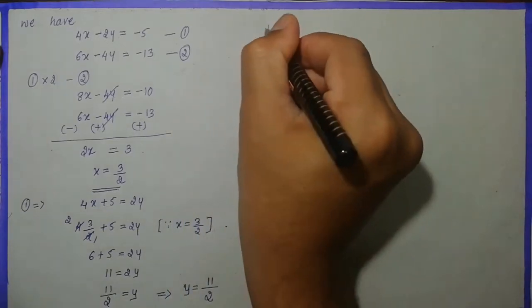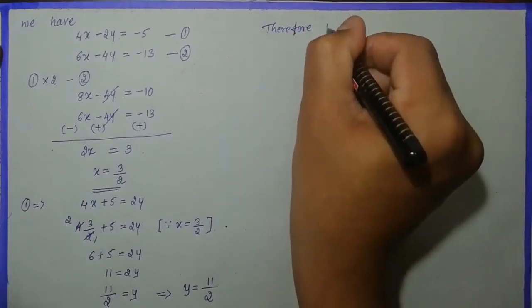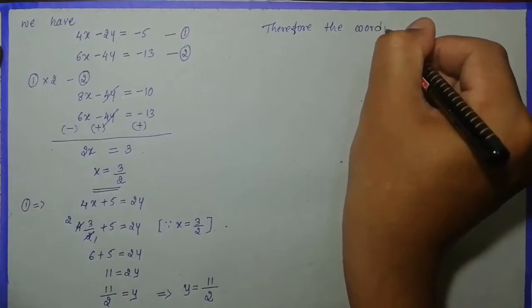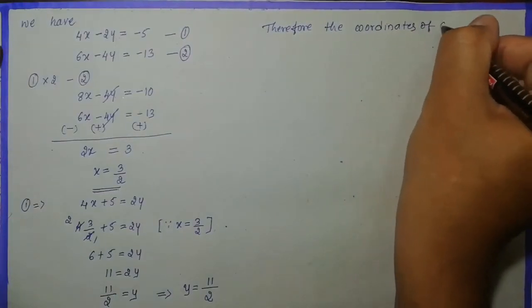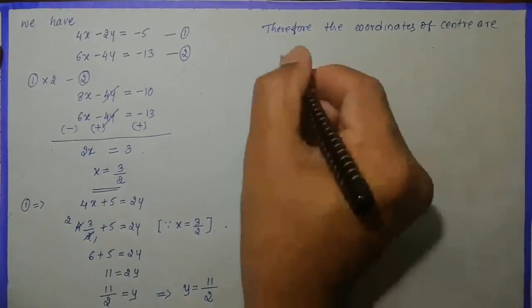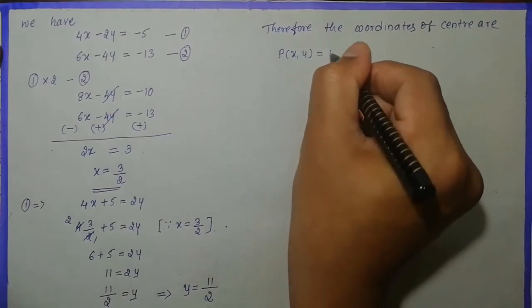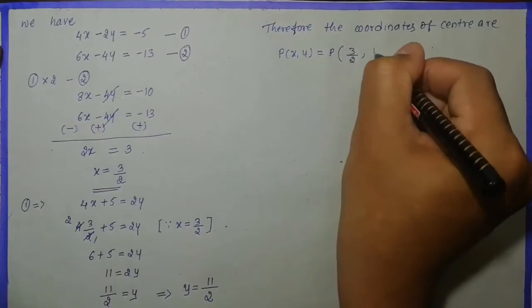Therefore, the coordinates of the center p of x comma y are x means 3 by 2, y means 11 by 2.